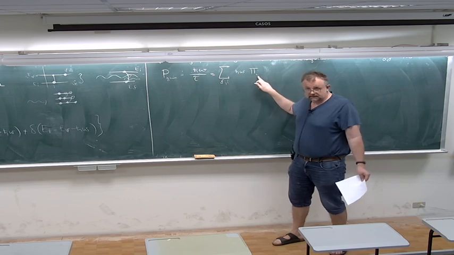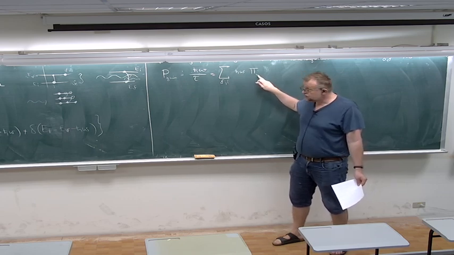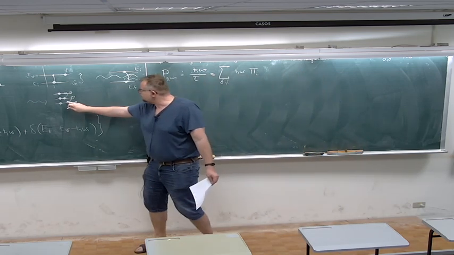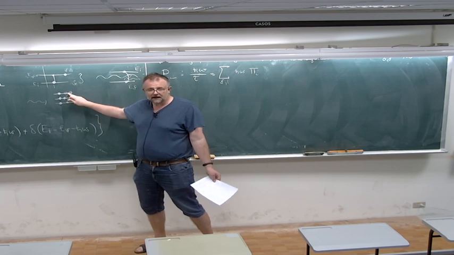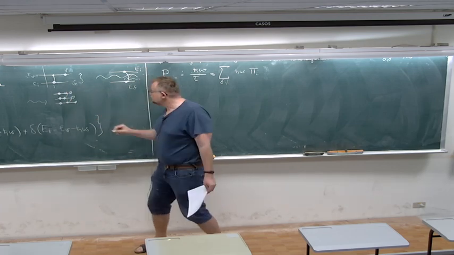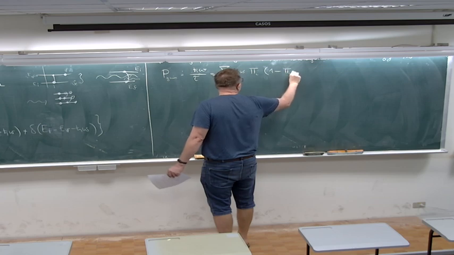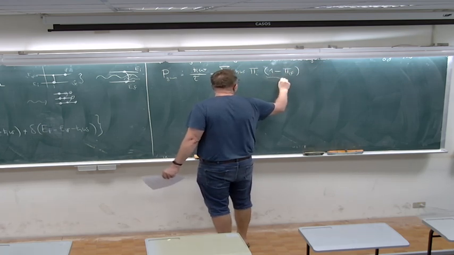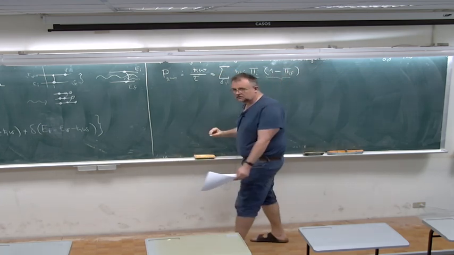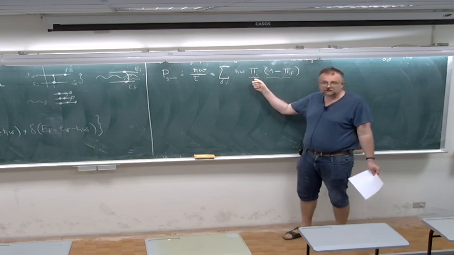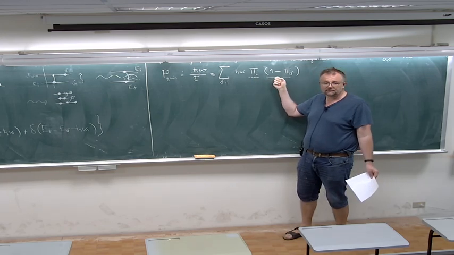If the state E is getting the energy, it is excited to state F, and this state should be empty. So in the case of fermions, I need to find the probability that this final state is empty. So this is the probability that the initial state is occupied. This is the probability that the final state is empty.